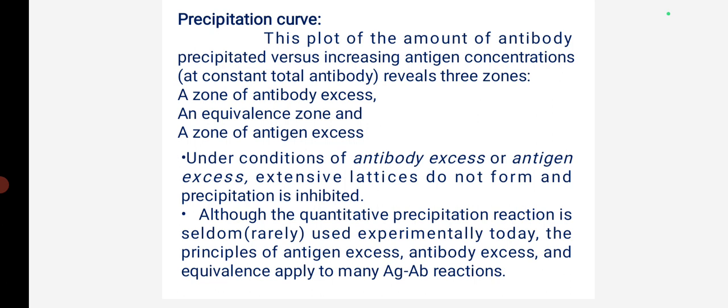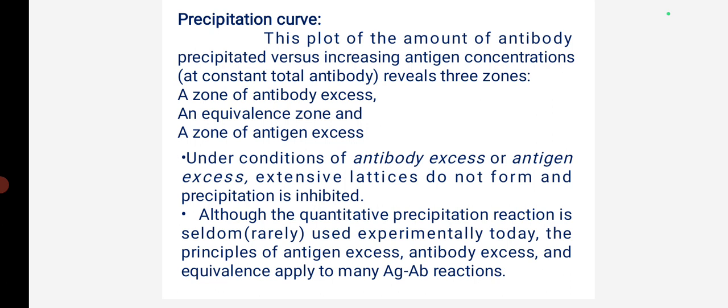This is a plot of the amount of antibody precipitated versus increasing antigen concentrations at a constant total antibody, which reveals three zones: a zone of antibody excess, an equivalence zone, and third, a zone of antigen excess. Under these conditions, antibody excess or antigen excess, extensive lattice does not form and the precipitation is inhibited.